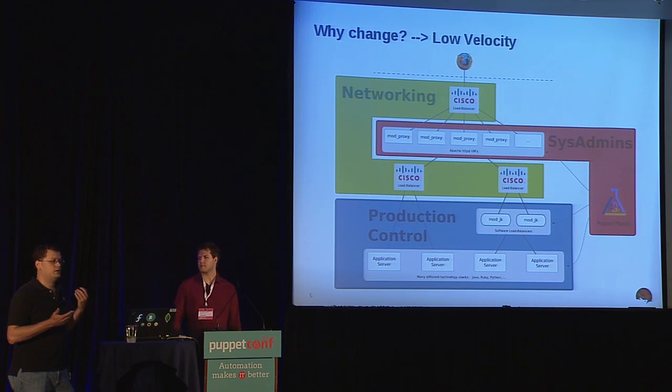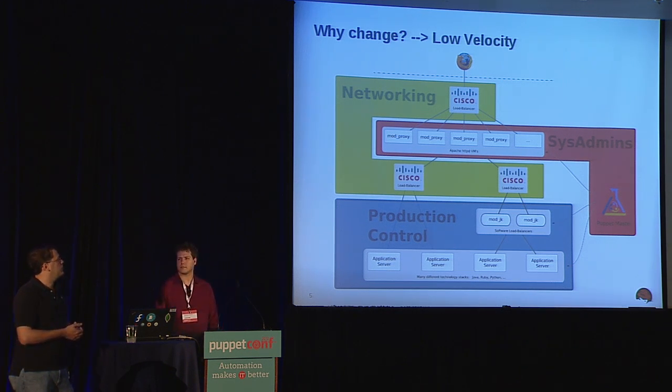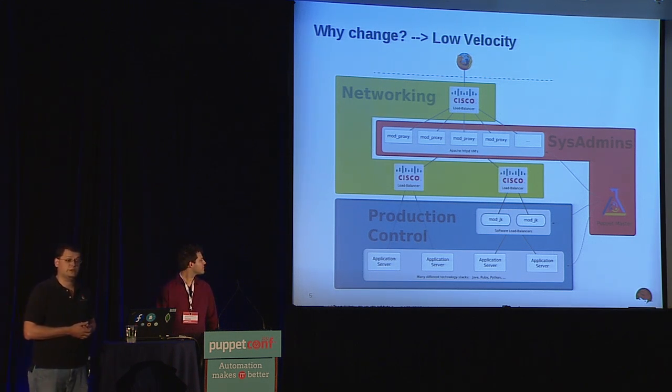Does he know whether or not his application even needs session affinity? One would hope. Does he understand what VLAN an individual application server needs to be on? Probably not. Does he know what a VLAN is?